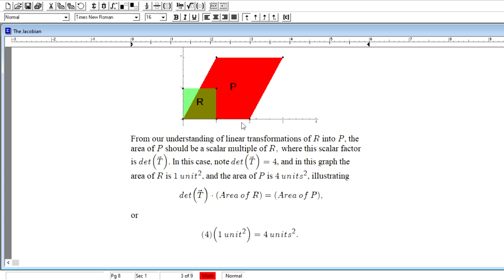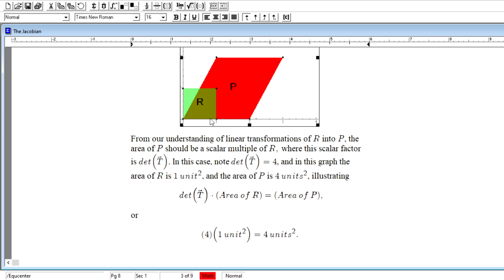The area of P here in this two-dimensional space should be a scalar multiple of this region of R here in two-dimensional space, right? Where the scalar factor would be just given by the determinant of T, where we can go back and note in this case that determinant of T was just 4 in value. So region P's area should be 4 times the area we see here for R.